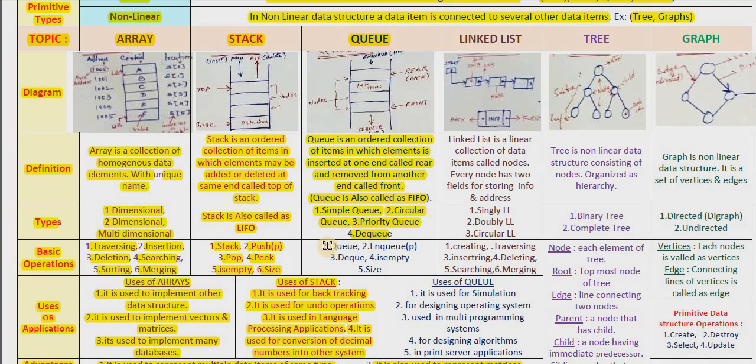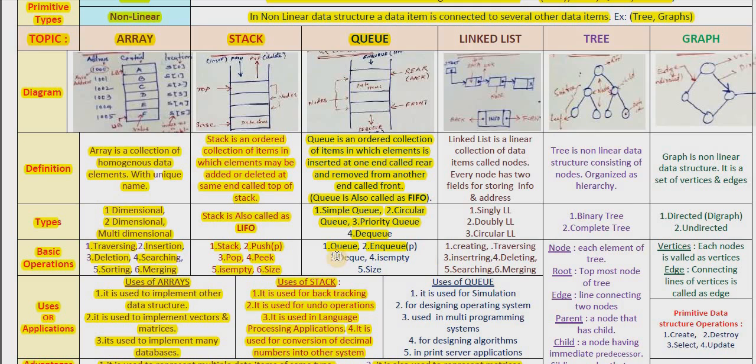Then basic operations on queue data structure. There are 5 basic operations. First is queue. Queue means it will create an empty queue in the memory. Next operation is NQ. NQ operation means it will add or insert a data item into the queue.